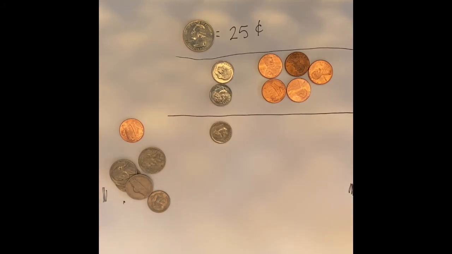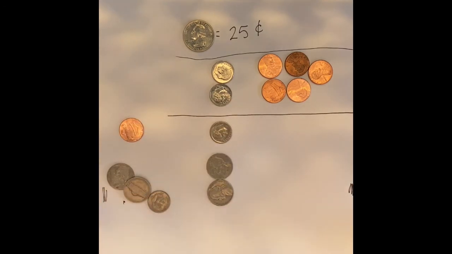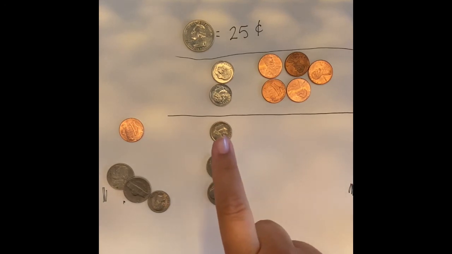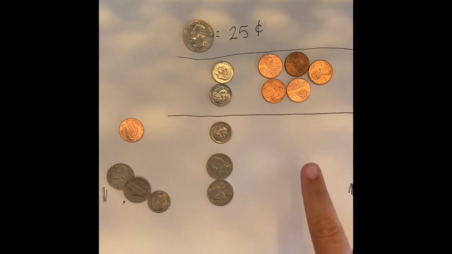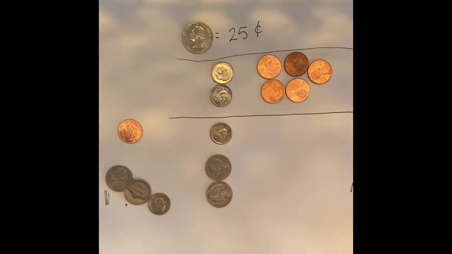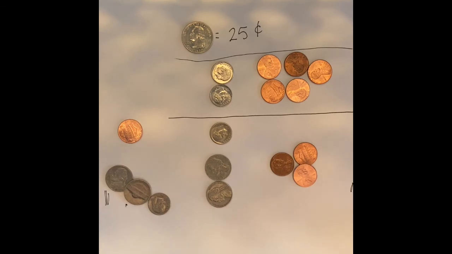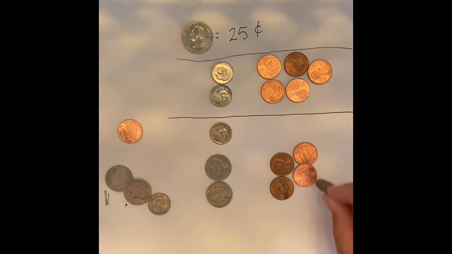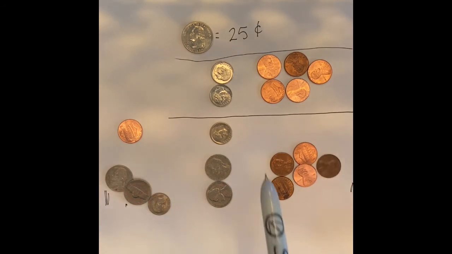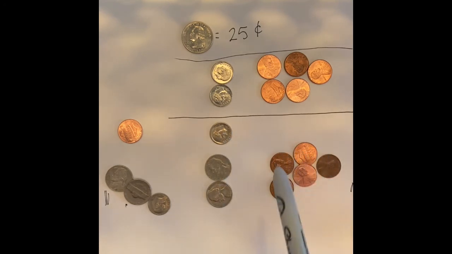Now I'm missing another 10, so let me make 10 this way, with 2 nickels. 2 nickels are equal to 10, so now I've got 10, 15, 20, and now all I would need is 5 more pennies, and I've got some more over here. 1, 2, 3, 4, 5. Okay, so now I've made 25 again, but with 1 dime and 2 nickels and 5 pennies.